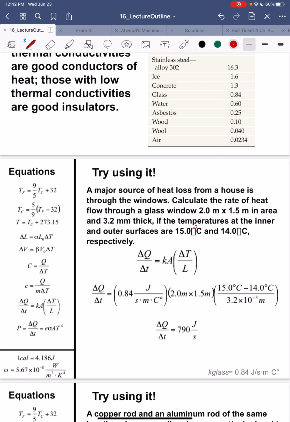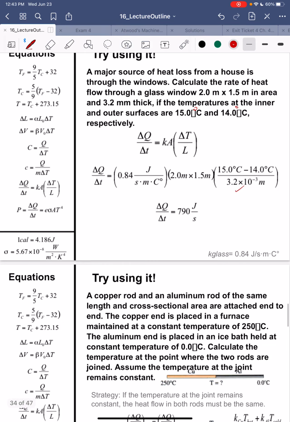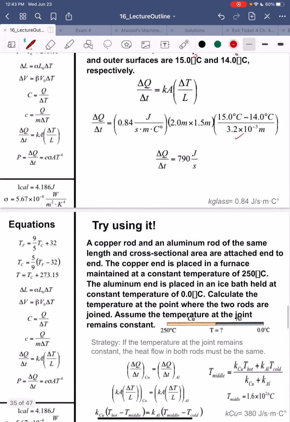This is a direct application: delta Q over delta T is K times A delta T over L. We can get that number for glass from the table. Put it in, and these are the dimensions of the window. This is the difference in temperature, and this is the thickness of the glass. Then it is 790 joules per second.